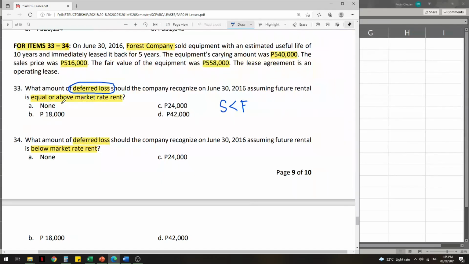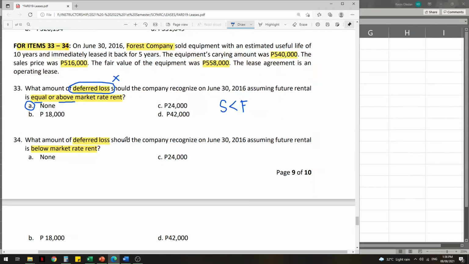Pero in number 33, the rental is above or equal to the market rate. That means that all of the loss that will be computed will have to be recognized immediately. And so, nothing will be deferred. In that case, our answer is letter A, none. No part of the loss will be deferred.